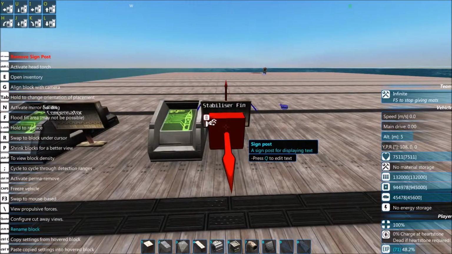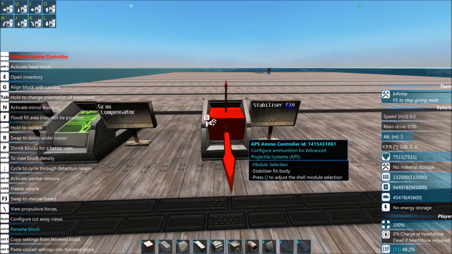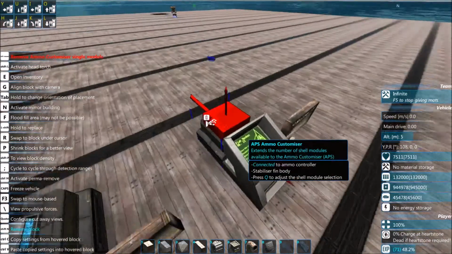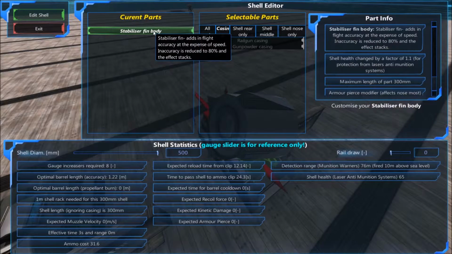Anyway, we've got a final piece, the final segment here, and that is the stabilizer fin. The stabilizer fin is this piece here, and what it does is it will reduce the inaccuracy of your shell to 80% of whatever it was before. So basically, it makes your shell 20% more accurate, which is half decent.